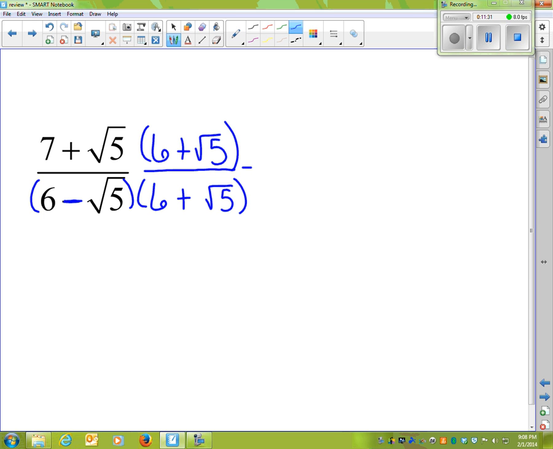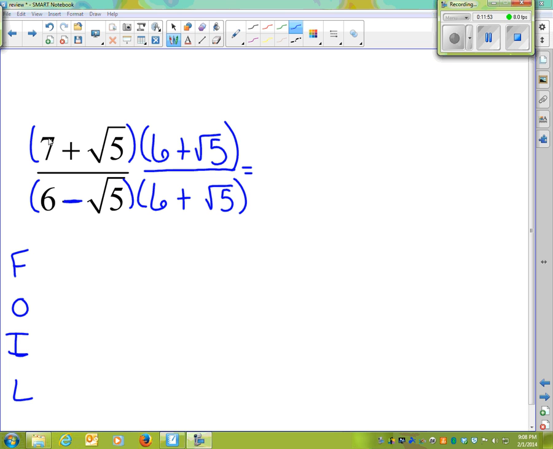All right, I'm going to show this in a slightly different method. I'm going to write it out FOIL. Again, if you're a very visual person, you might like the FOIL method. So let's FOIL out for the numerator.